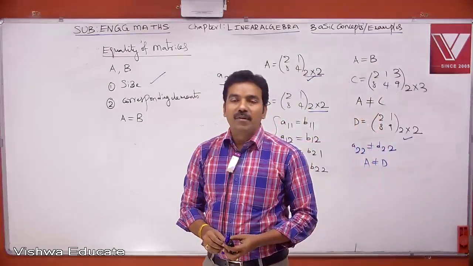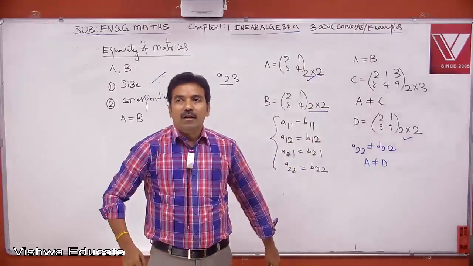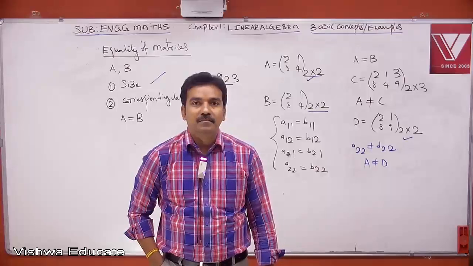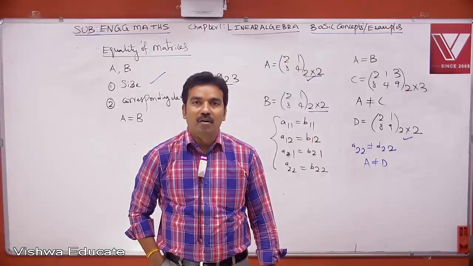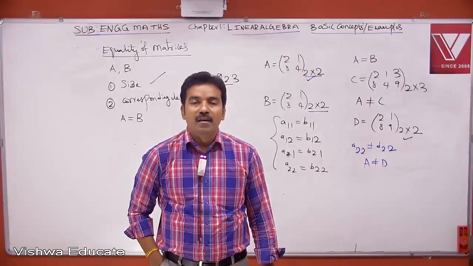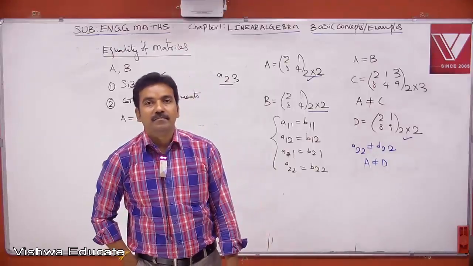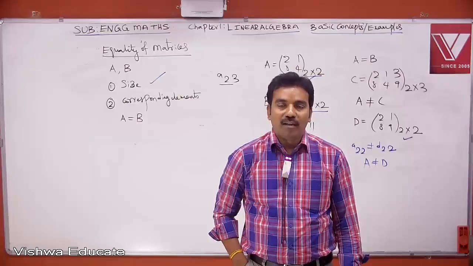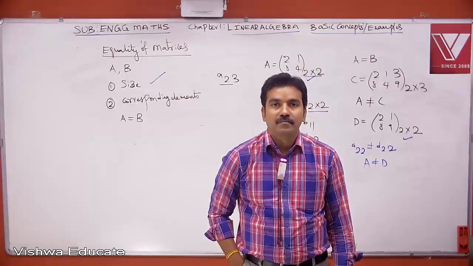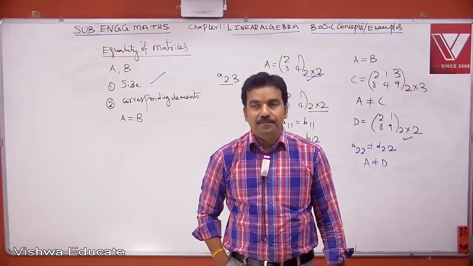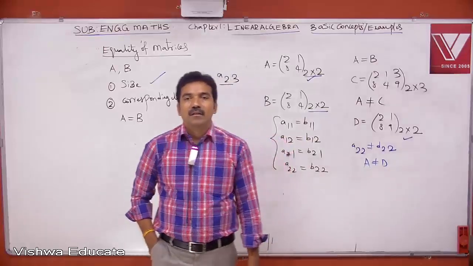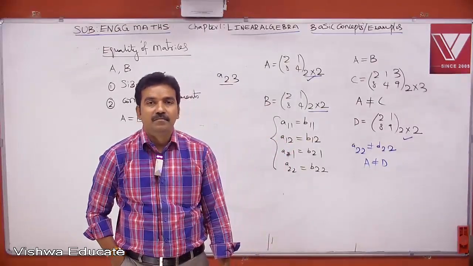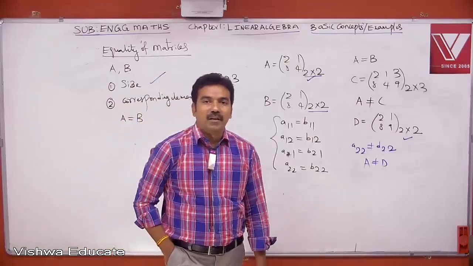Two matrices A, B are said to be equal if they satisfy the following. First one, the sizes of A, B are the same.